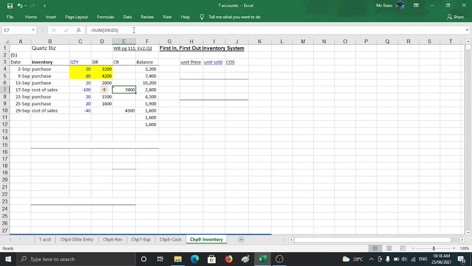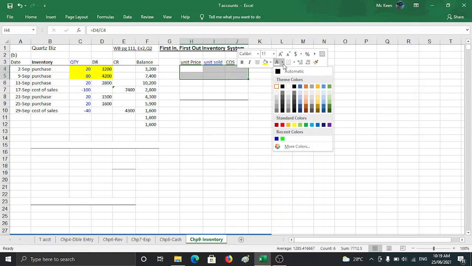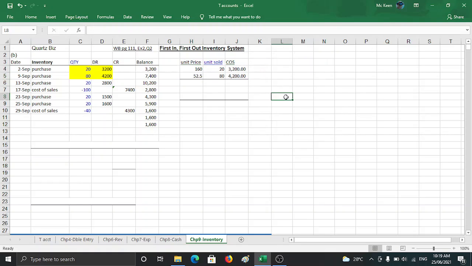Calculating this 100 units, what is the amount? Look at how I get it. The sum of the first two, 80 and 20 units. So this will be my cost of sales for this sale of 10,600. So this is how you do first in first out.